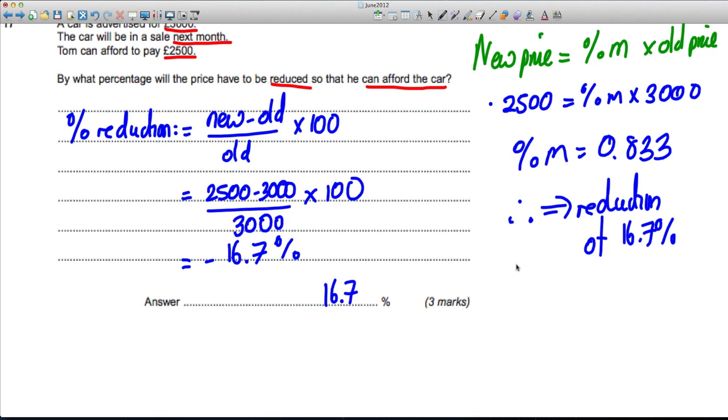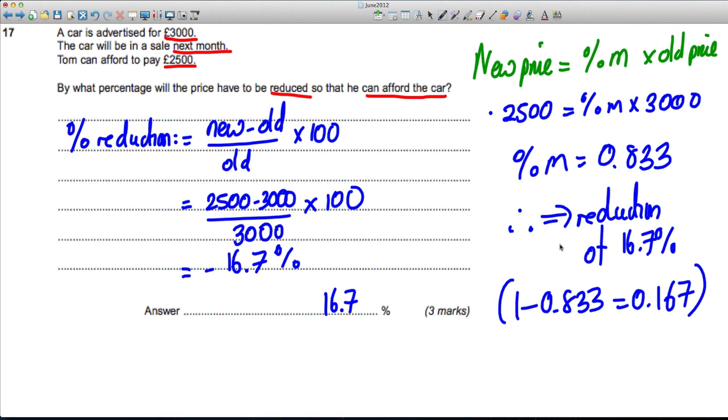You subtract that, because 1 subtract 0.833 is actually 0.167, which is a 16.7% reduction. So either way works for you.